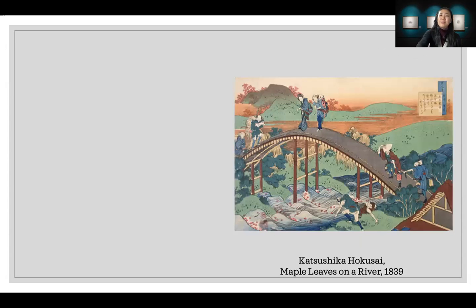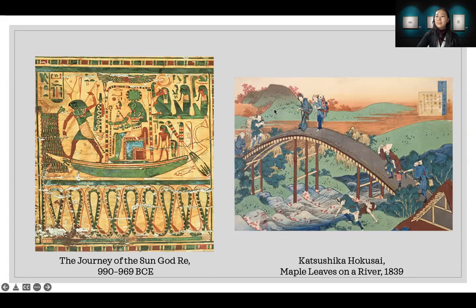And this is a Japanese artist's painting of maple leaves on a river. This painting depicts a Japanese autumn river in the 19th century with middle or lower classes. And this is an Egyptian mural, the journey of the sun god Re.